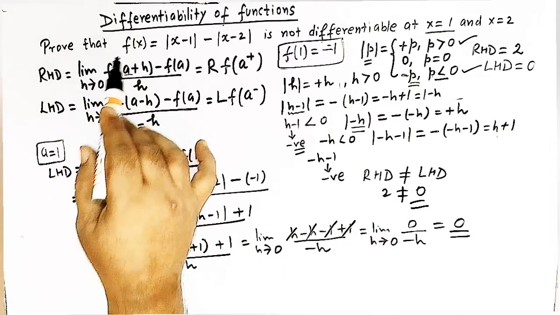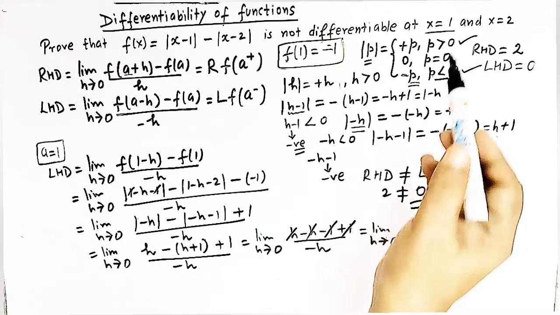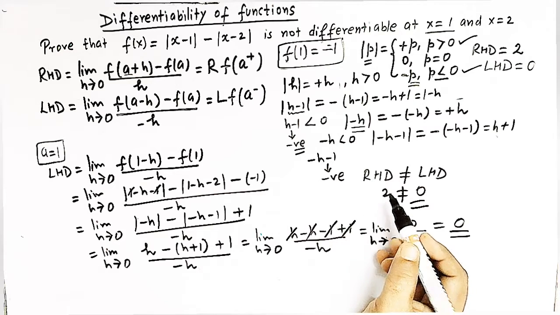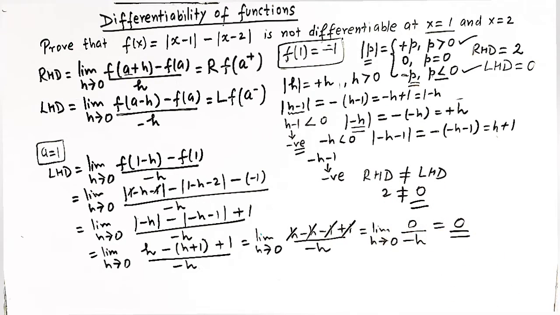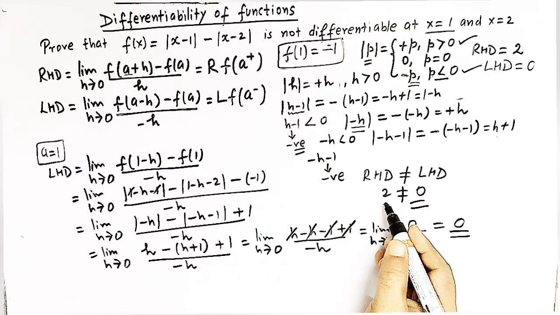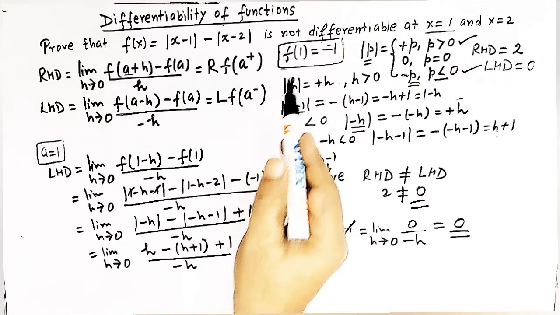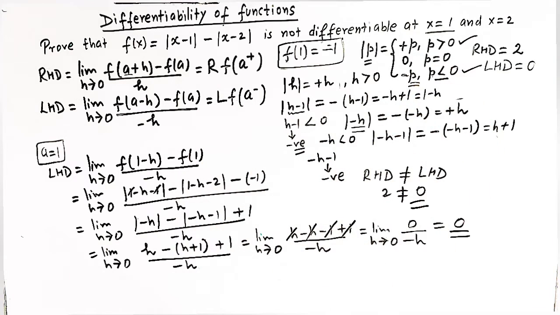So this function f of x is not differentiable at x is equal to 1, because for a function to be differentiable at a given point in its domain, the right hand derivative and the left hand derivative both should exist, and they should be finite, and moreover they should be equal to each other. But in this case, the right hand derivative is not equal to the left hand derivative, that is 2 is not equal to 0, right? So the function is not differentiable at x is equal to 1.